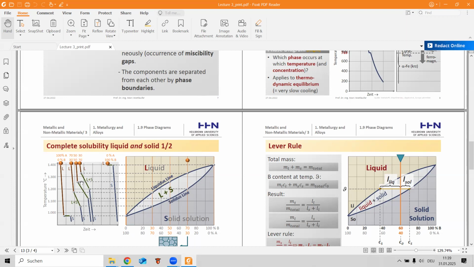So dark red, or brown, is a liquid phase. The green is liquid plus solid phase. And dark blue is the solid state.